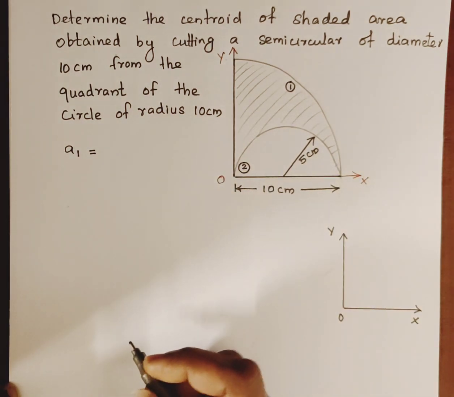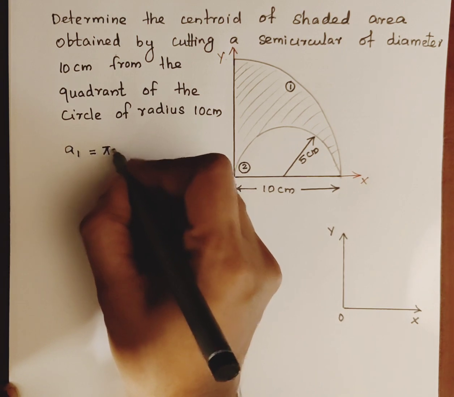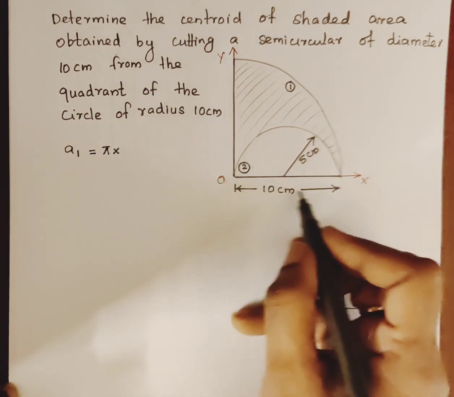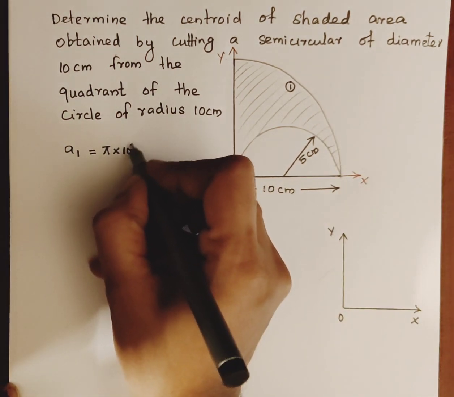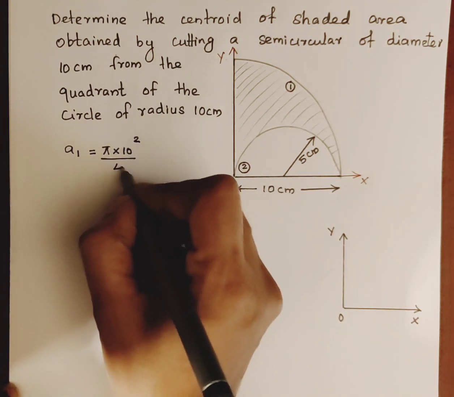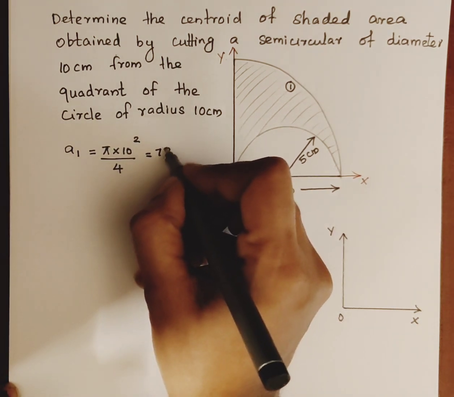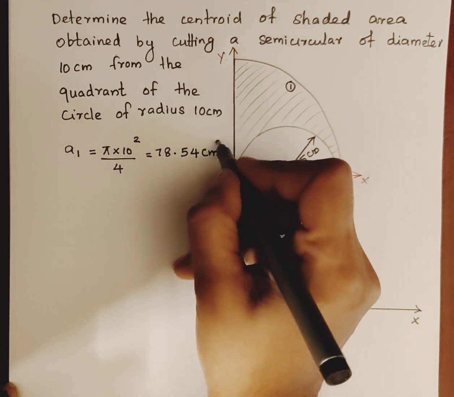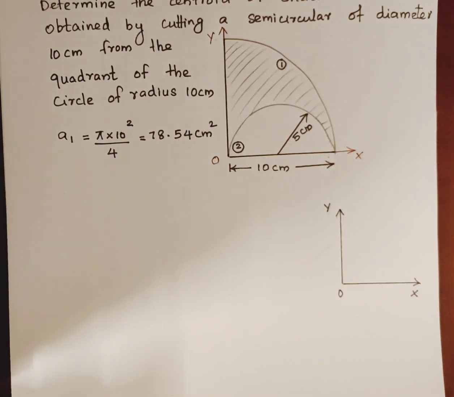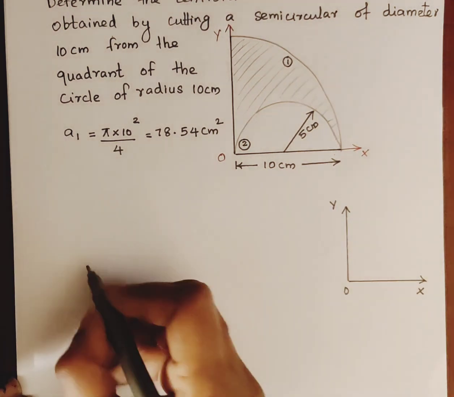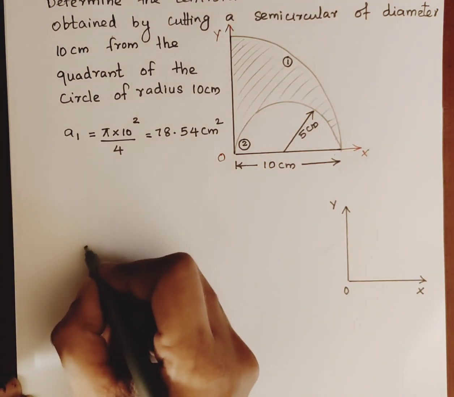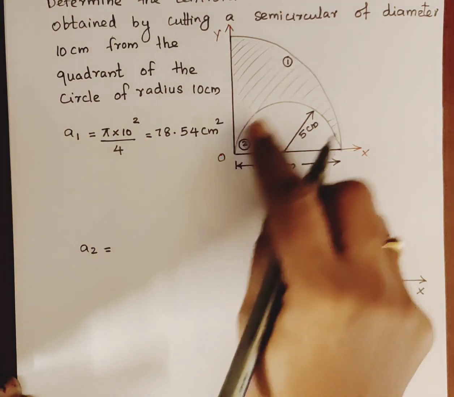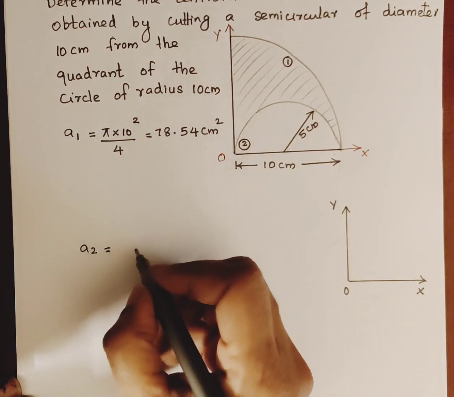So area of the quadrant is equal to pi r square by 4. R is equal to 10. That is equal to 78.54 centimeter square. So next you can calculate the area of the semicircle.